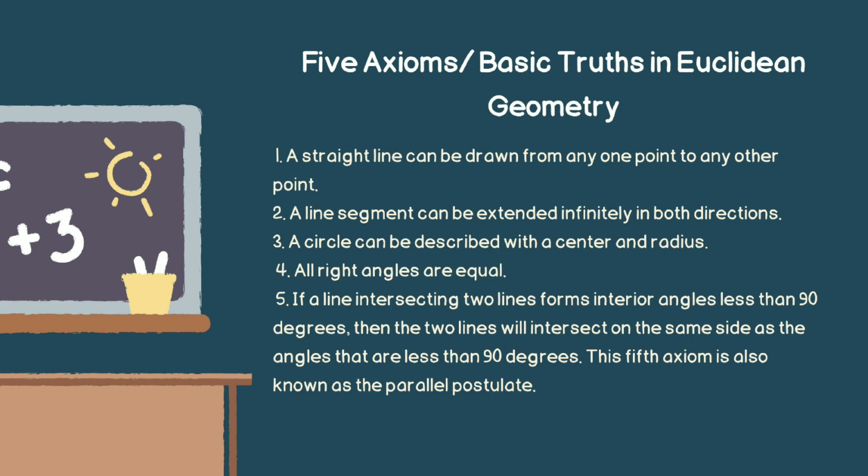Number 4, all right angles are equal. Number 5, if a line intersecting two lines forms interior angles less than 90 degrees, then the two lines will intersect on the same side as the angles that are less than 90 degrees. This fifth axiom is also known as the parallel postulate.